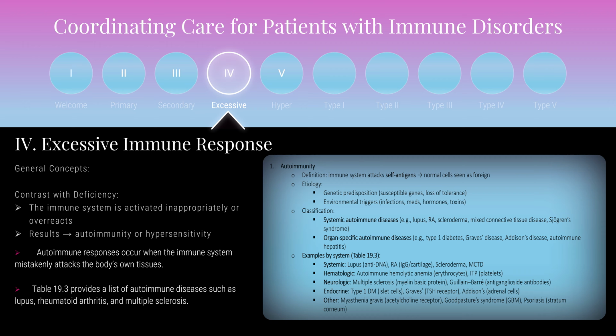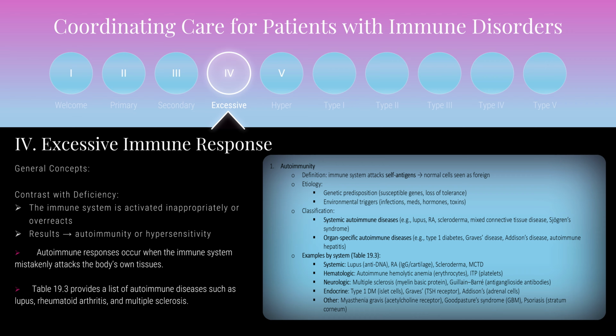Even with a genetic predisposition, some trigger is required for the initiation of autoreactivity. This may include an infection such as a virus, a medication, hormones, or an environmental factor.